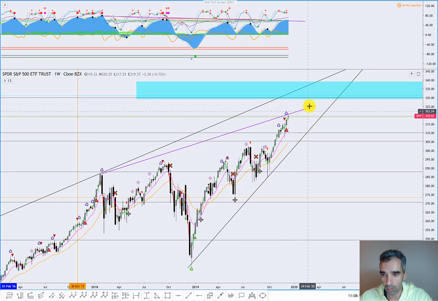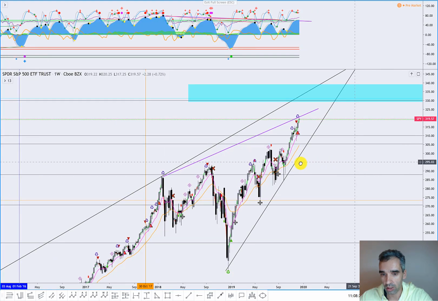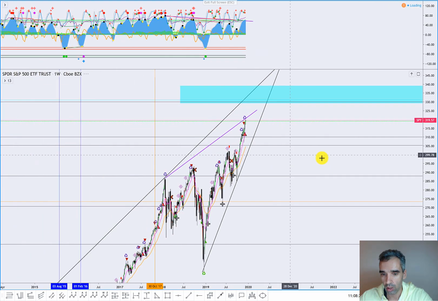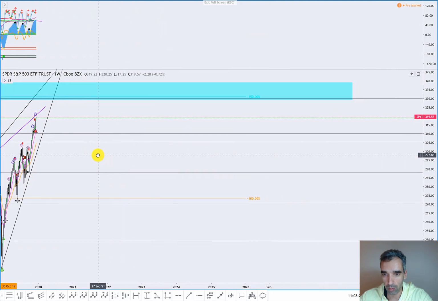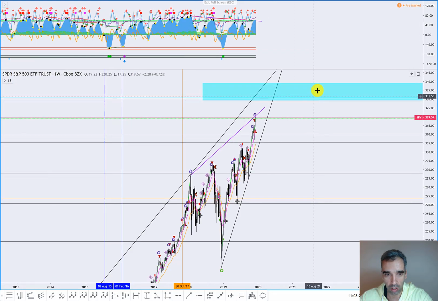So we might still see a push to 320, 330 around these levels before the market crash. That's just my opinion, not knowing if I'm wrong or right. I'm waiting for this level here to be our reversal point.